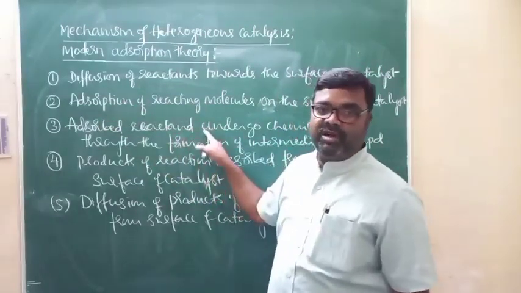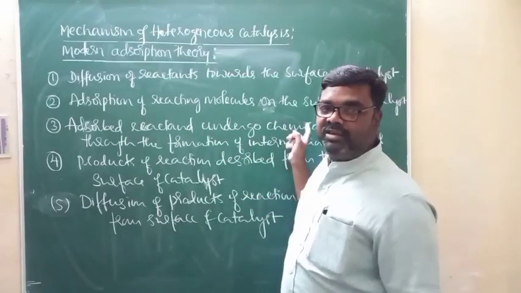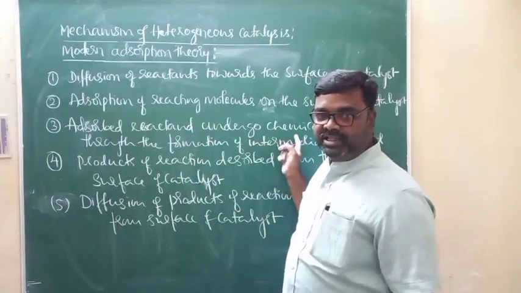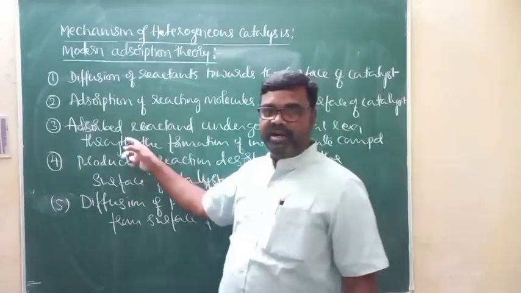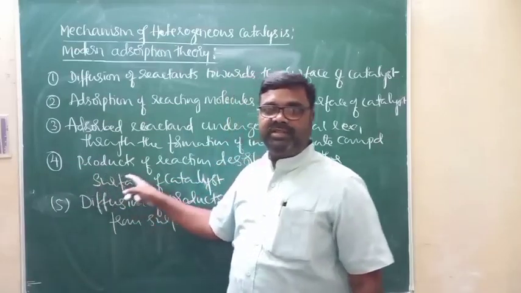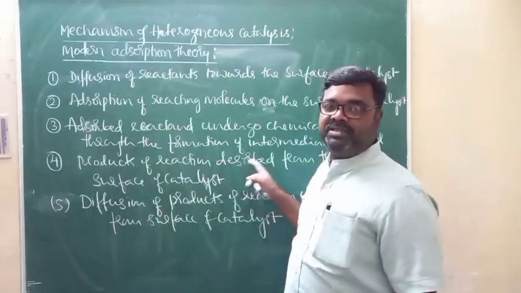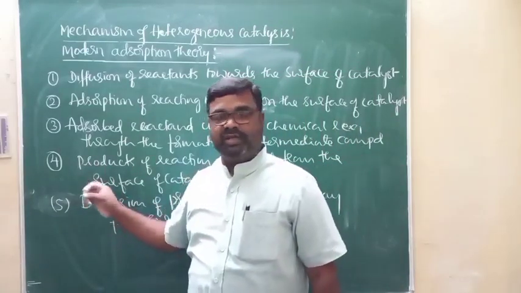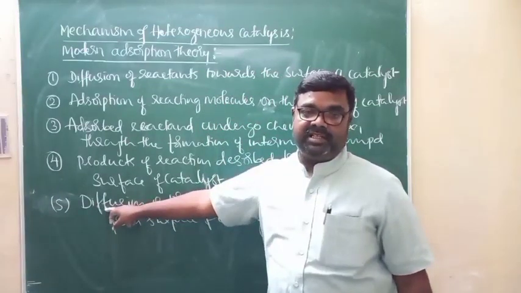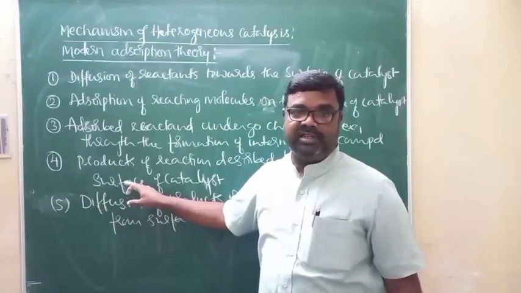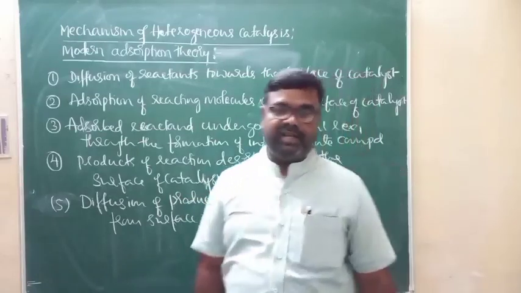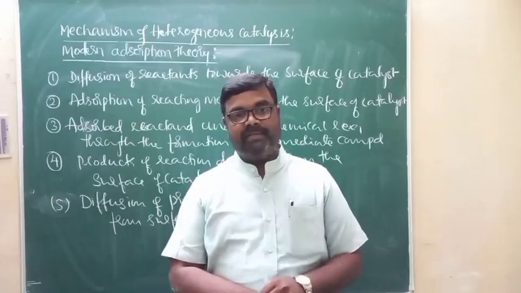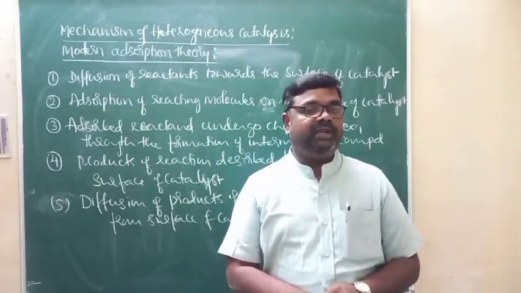These adsorbed reacting molecules undergo chemical reaction through the formation of intermediate compound. That intermediate compound is unstable and decomposes to form products, and these products get dissolved from the surface of catalyst, so that new surface is made available for fresh reacting molecules. And in the fifth step, these products diffuse away from the surface of catalyst.